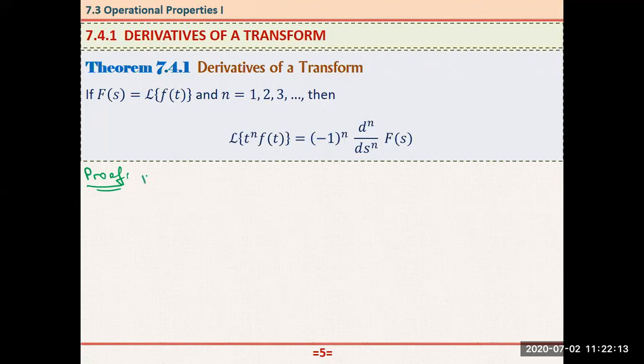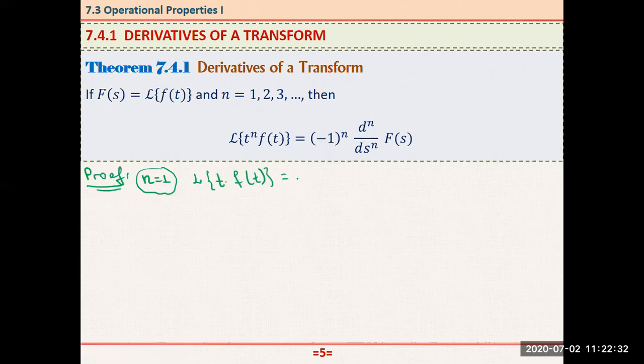Let's say n equals 1. What do we get here? We have the Laplace transform of t times f(t). Keep in mind that the Laplace transform of f(t) is given here, capital F(s).